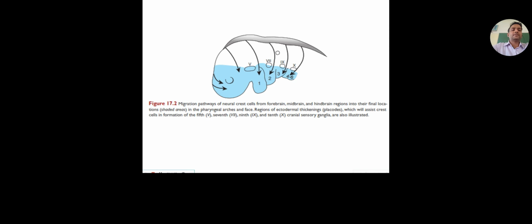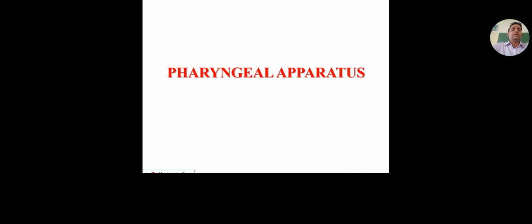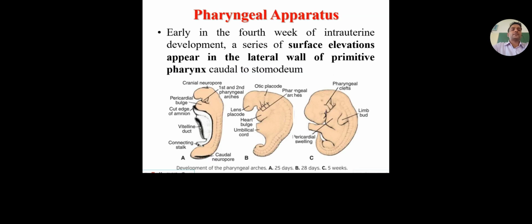brain and face and around the pharynx, ventral and lateral to pharynx, or you can say simply anterolateral to pharynx. These thickenings are produced on both the sides, and this is how the pharyngeal apparatus has its resources in these mesodermal and neural cells.